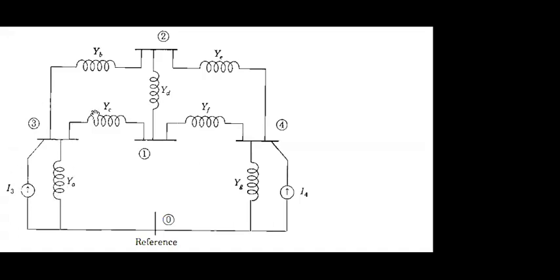Actually, when you write the nodal equation for any circuit, that information is given in impedance notation, right? But here you can see the information is in admittance. So can you write the admittance nodal equation?